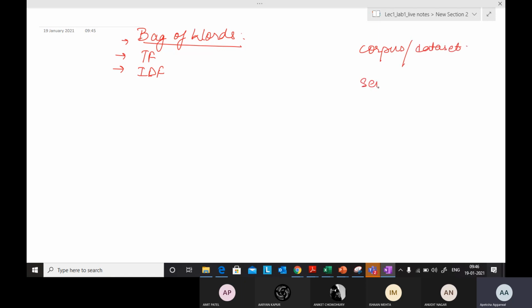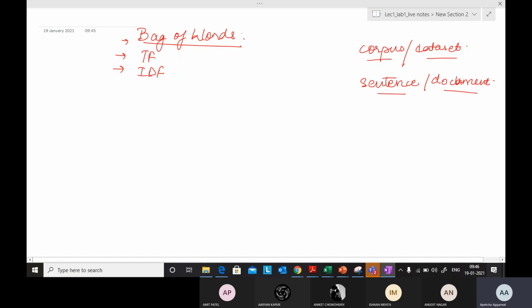If I'm talking about a sentence, it is the same as a document. Basically, one sentence is just one training example. So if I'm talking about a document, it is the same as a sentence. If I'm talking about a corpus, it is the same as a dataset. A dataset consists of all the training examples and their class labels.